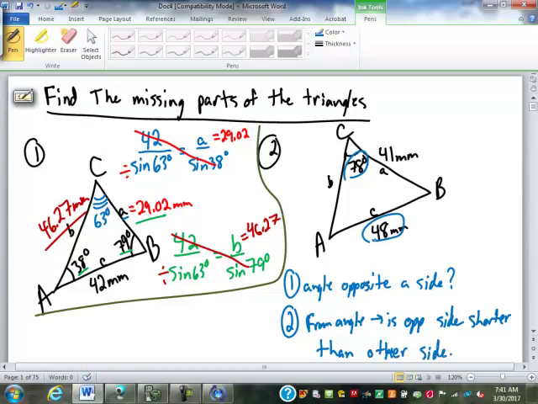If this opposite side is shorter than the other side, there are some ugly possibilities that can come up. In this case, this opposite side, the 48, is the longer of the two sides. So that's telling us we should be safe.